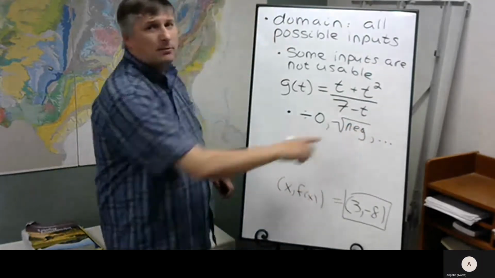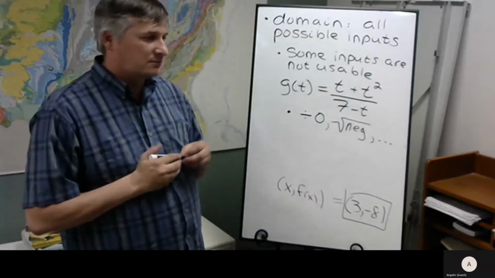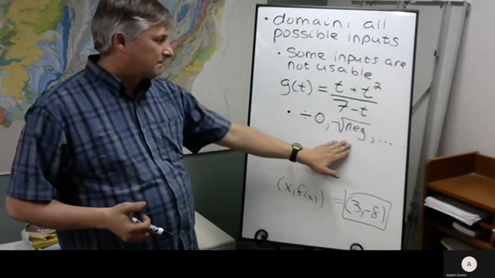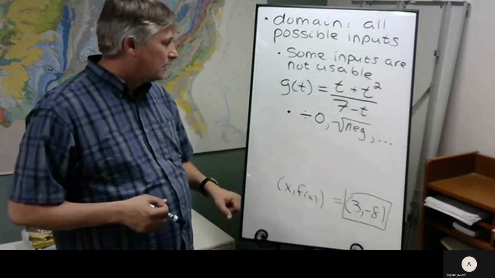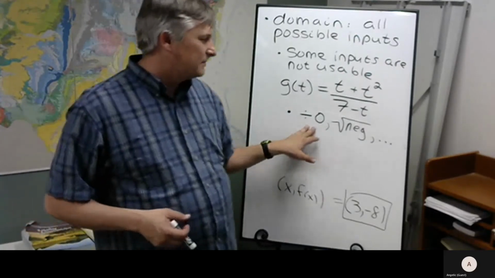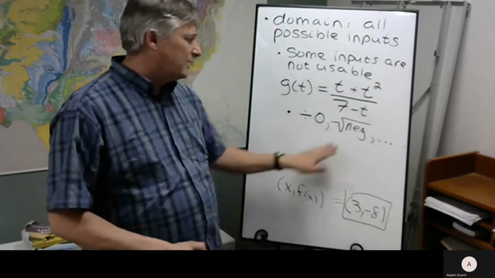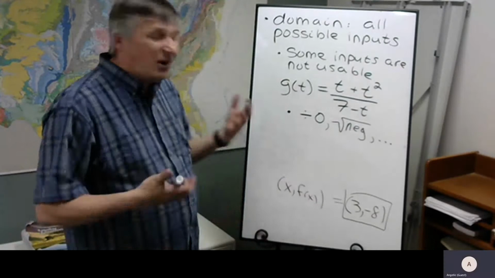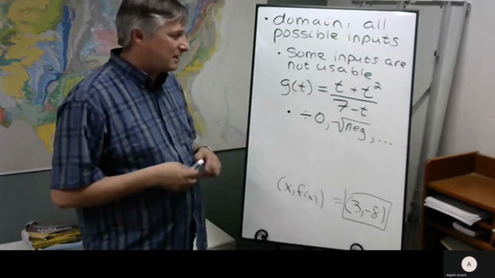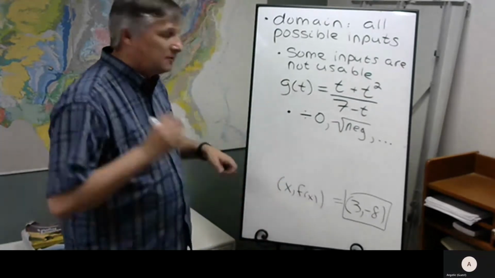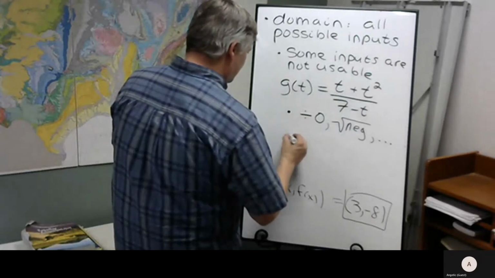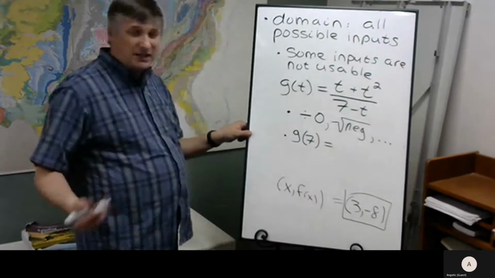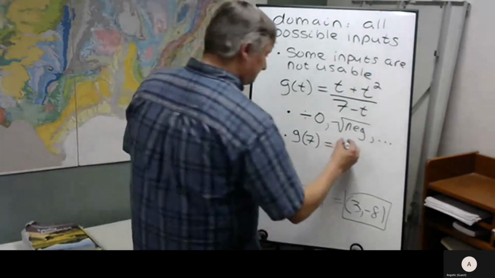Now, this one's not always a problem. When you get into complex numbers, or as they're sometimes called imaginary numbers, this can work. But when you get a division by 0, that's considered undefined. And if you're working with real numbers, you can't take the square roots of negatives. And there are other restrictions. There's certain things mathematically we don't try to do. So if you take g of 7, we replace all the t's with 7s.